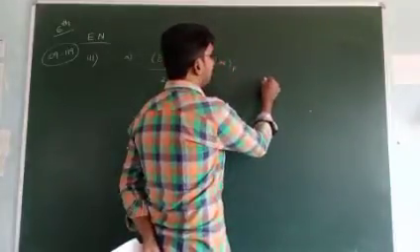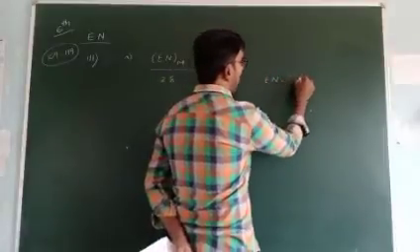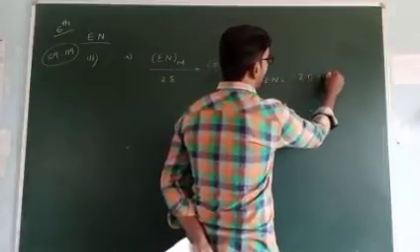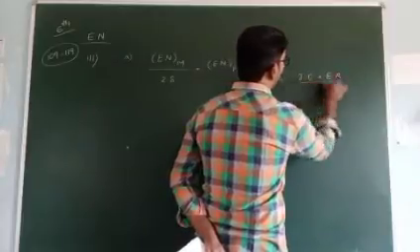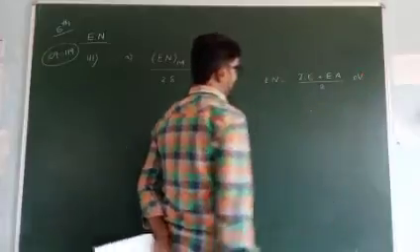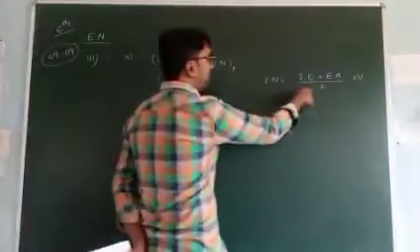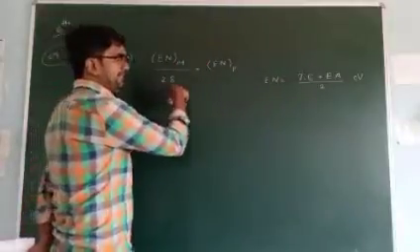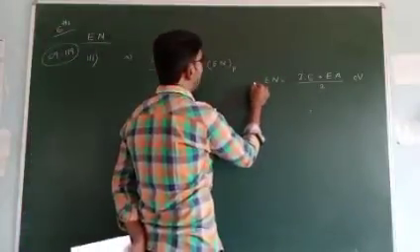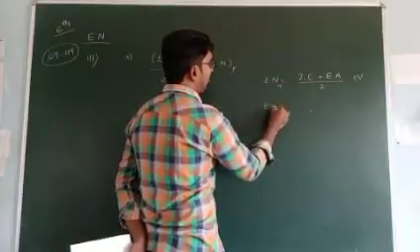Actually, what is the Mulliken scale? In the Mulliken scale, electronegativity is equal to (ionization energy plus electron affinity) by 2, in electron volts. But that value is now divided by 2.8 to get the electronegativity value in the Pauling scale.